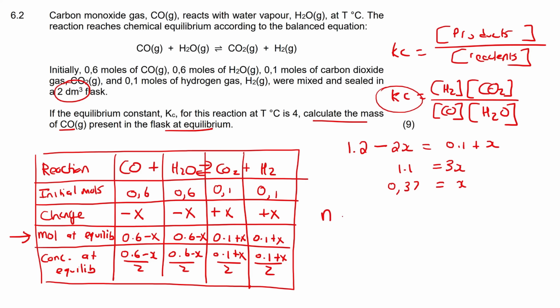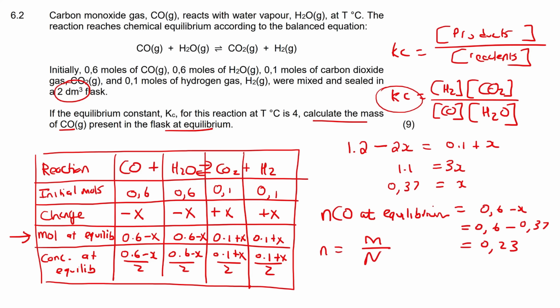And so the moles of CO at equilibrium, we know was 0.6 minus X. So that's therefore going to be 0.6 minus 0.37, which is 0.23. Now we can just use the normal mole formula, and we can say 0.23 equals mass over molar mass.